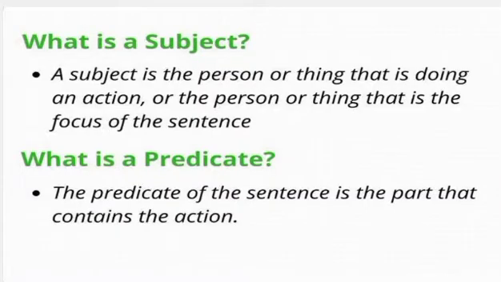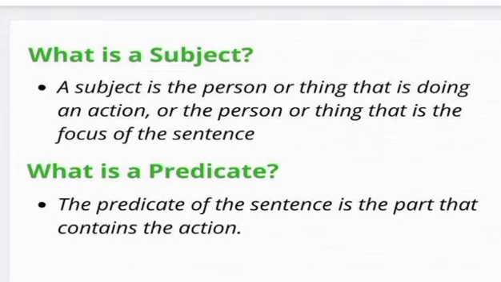A subject is the person or thing that is doing an action or the person or thing that is the focus of the sentence. What is a predicate? The predicate of the sentence is the part that contains the action.